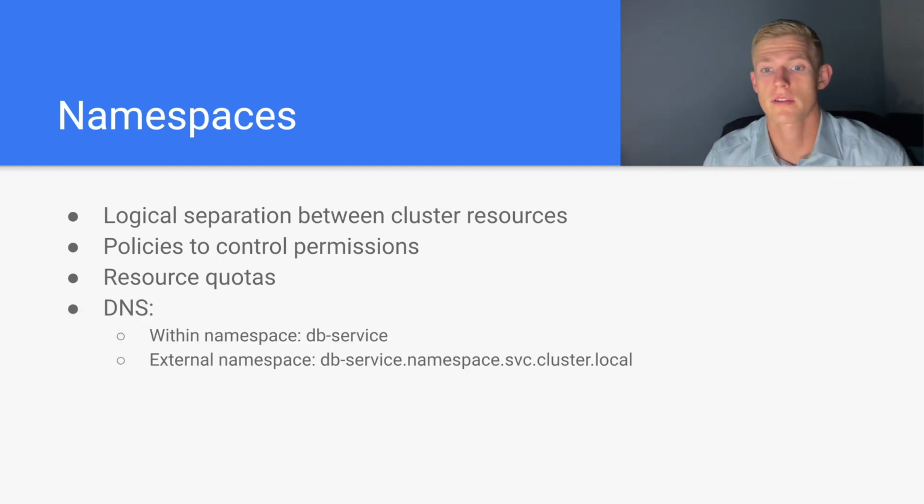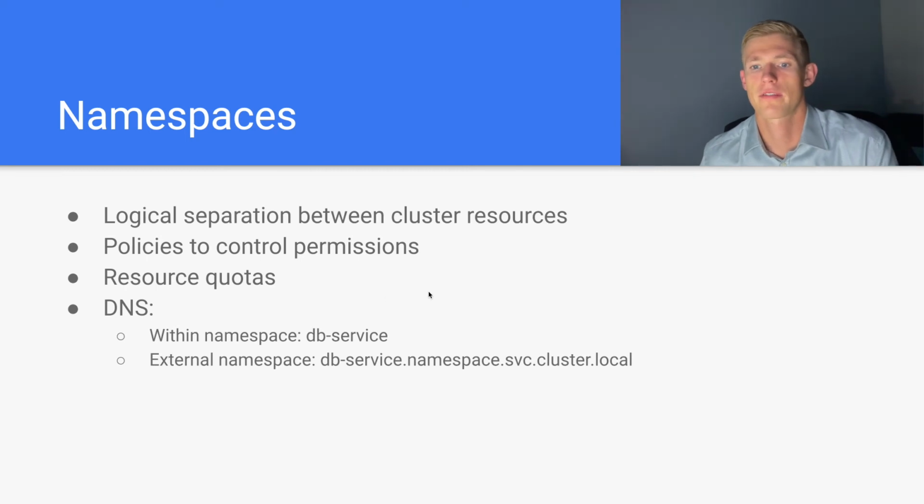Finally, when we're referencing different entities within our Kubernetes cluster, whether we are within the same namespace as that entity or not defines how we can actually reference that particular entity. So let's say we have a service named DB service in our current namespace and we want to talk to that, we can just say DB service.